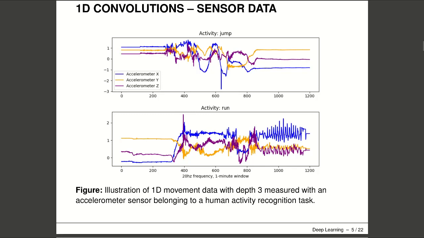We have three different values from the accelerometer, X, Y, and Z, which we use as input for our 1D convolution, considering three input channels. We pass them to a network composed of, for example, pooling and other components. At the end, we have the loss function. In this case, the activity we would like to classify is jump or run, so we have two classes at the end.